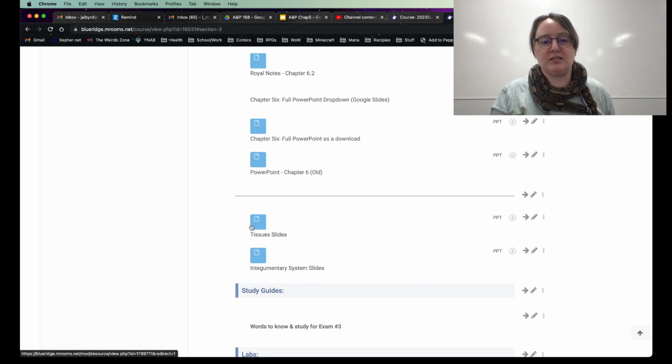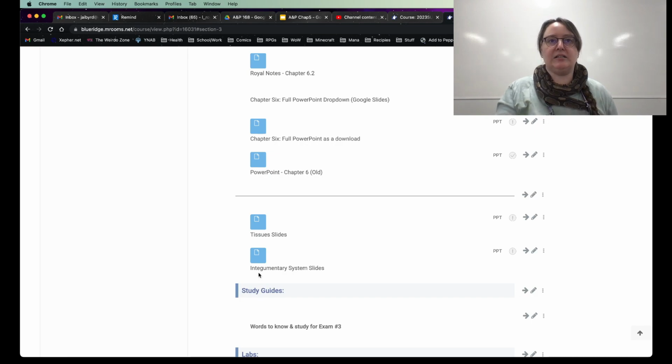These two sets of slides are to kind of simulate what you'd see if you were in lab with me, and I'd be handing you these slides and you'd be drawing pictures of them and trying to find the different types, like the simple squamous, or the stratified squamous, or the cuboidals, or the columnar epithelials, and also all the other different tissues as well.